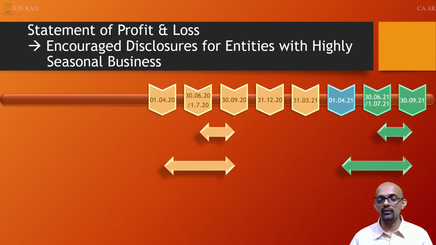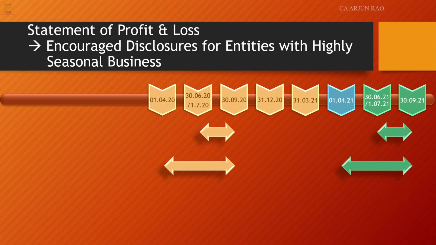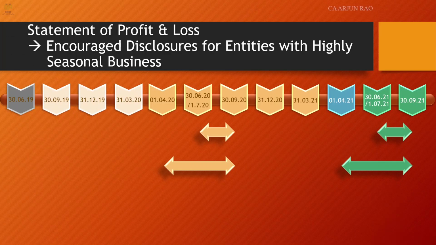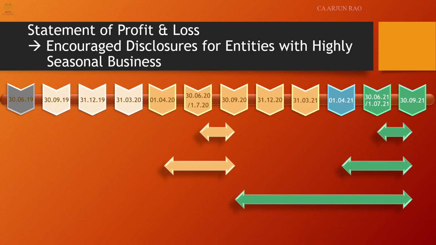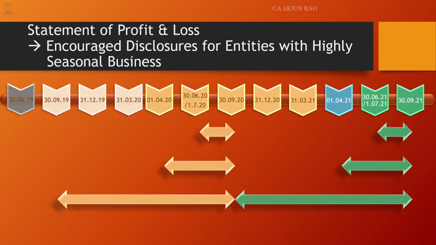Now, if there is an entity which has a highly seasonal business, it is also encouraged to prepare another P&L for 12 months ending on the current interim date. So that is 30/9/20 to 30/9/21 and comparative for the previous year 30/9/19 to 30/9/20.